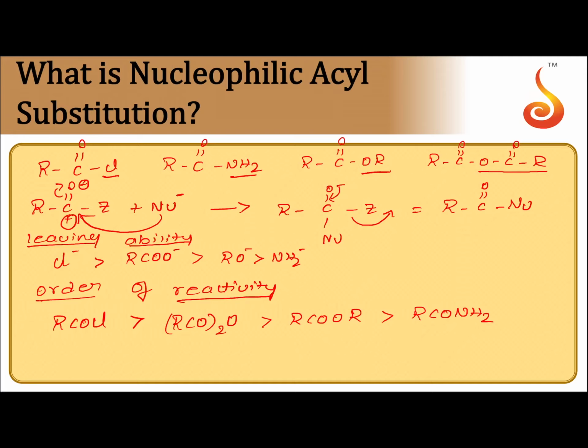Esters are more reactive than amides. Because acid chlorides are more reactive, all the other three derivatives can be prepared from acid chlorides. The second most reactive is anhydride, so we can prepare ester as well as amide from anhydride. Similarly, we can prepare amide from ester.